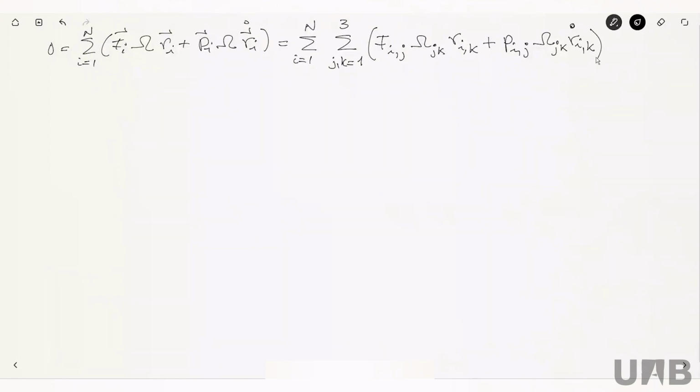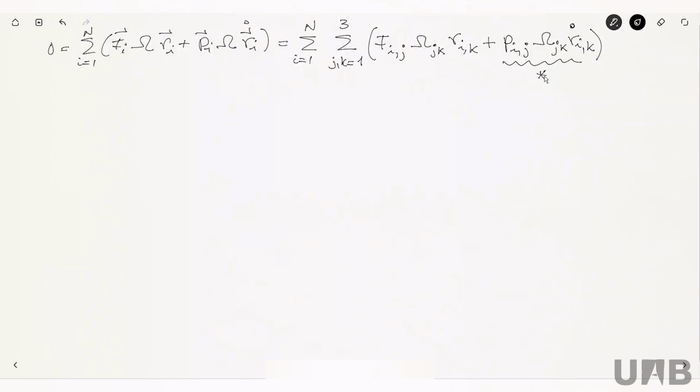Yes. Don't get confused between the index that labels the particle, which is i and goes from 1 to N, and the index which labels the component, which in this case is j and k, and goes from 1 to 3, because there are 3 components, okay? Now, let us look at this second term.